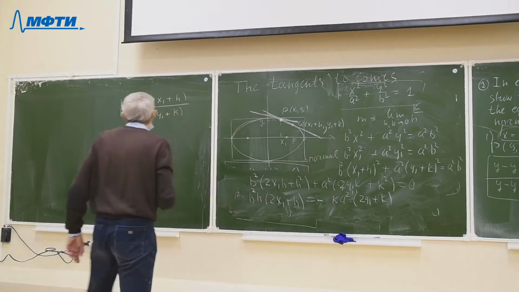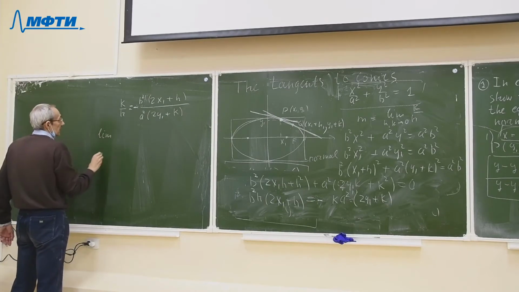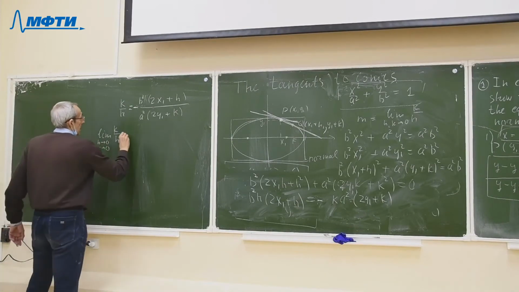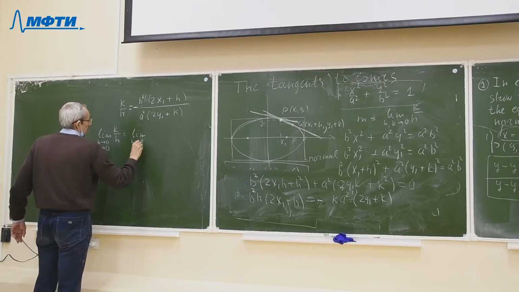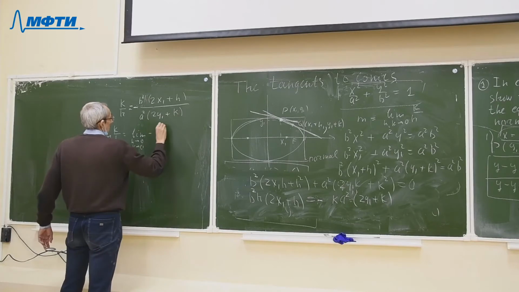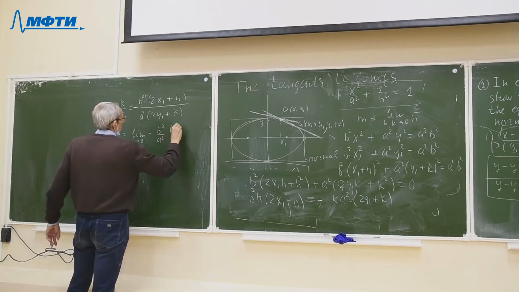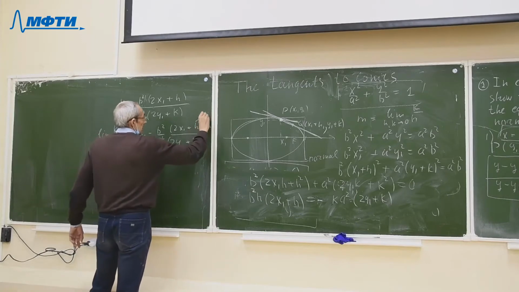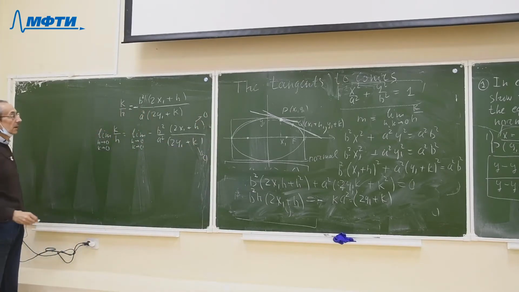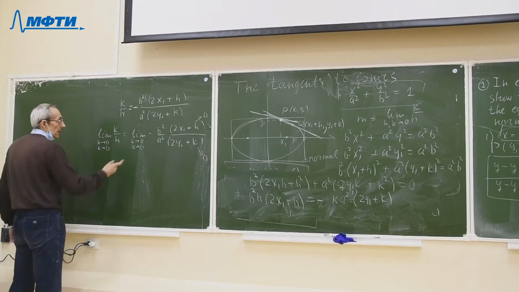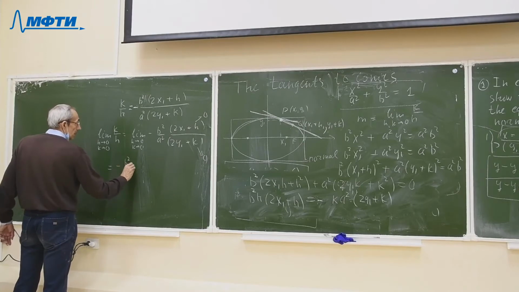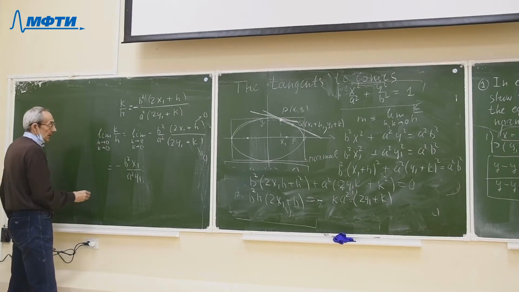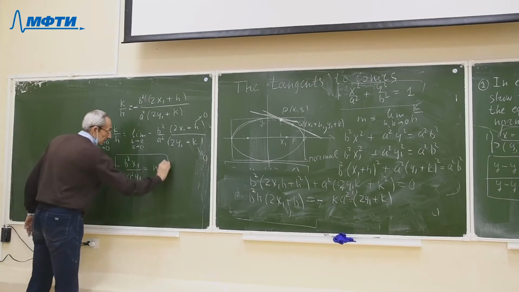And we can consider limit of the left and right side when h, k goes to 0 by definition of limit, and in the limit we obtain the following equality: m is equal minus b squared times x1 divided by a squared times y1, and this is angle coefficient m.